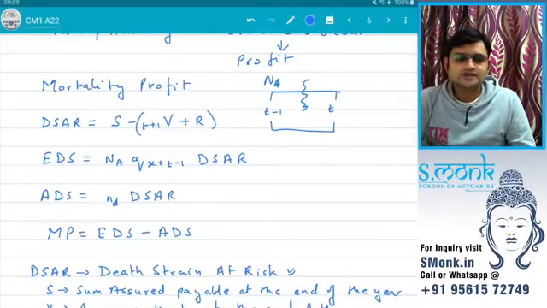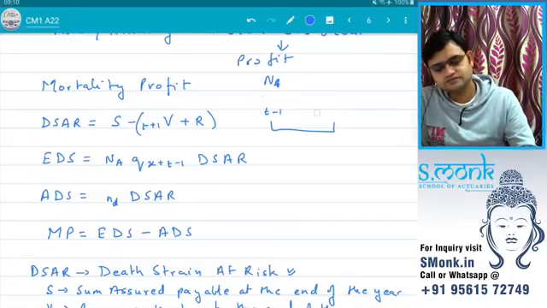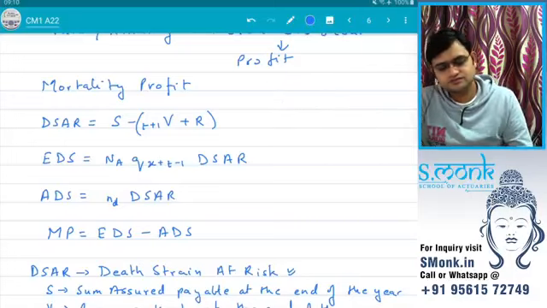If it is less, then it is loss. We had to pay a little bit more out of our own pockets. Is that clear? Literally, we have to calculate these four things after calculating reserves, of course. And that is all we have to do for mortality profit.